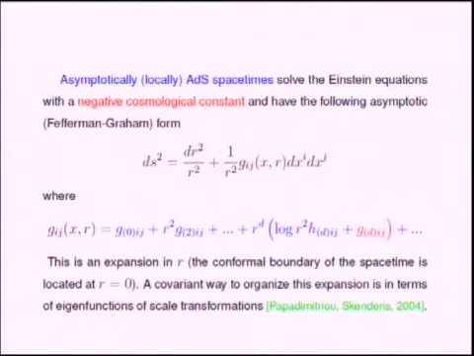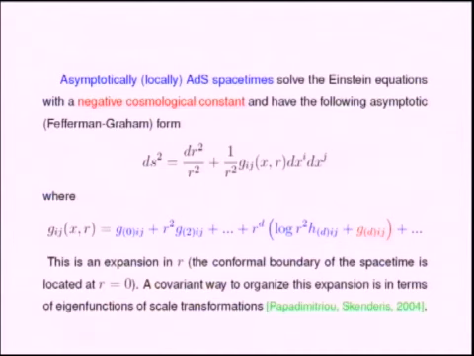It's an expansion in R. The mathematical result that Fefferman and Graham showed is that these coefficients in the expansion are related locally to the coefficient g_0. And then this term g_d is the normalizable mode, which will be related to the VEV of the stress energy tensor.